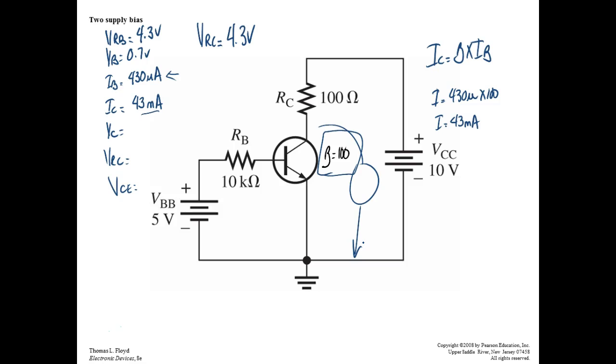According to Kirchhoff's voltage law, the sums of the voltages in a series loop have to equal the applied voltage. This guy right here is dropping 4.3 volts. I got 10 volts applied to it. How much is the transistor dropping? Well, 4.3 plus 4.3, that's 8.6. I got to drop 10 volts. 5.7.